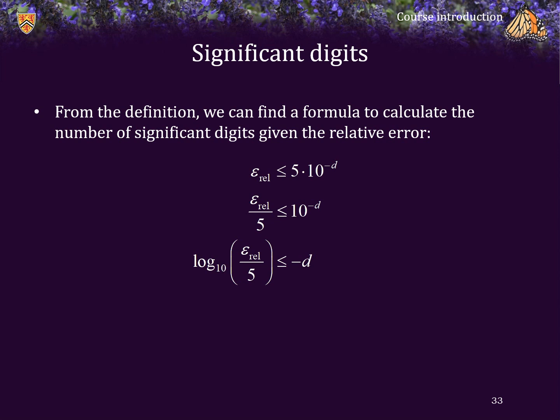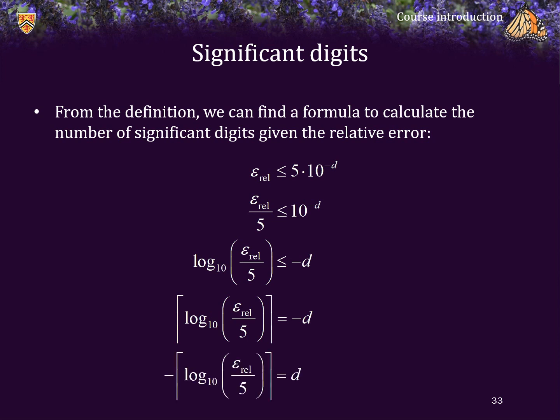Now, if the left-hand side is less than or equal to negative d, but we want it to be as close as possible, we can take the ceiling of that left-hand side, and then we can bring the negative sign to the other side, giving us that d is equal to this expression.